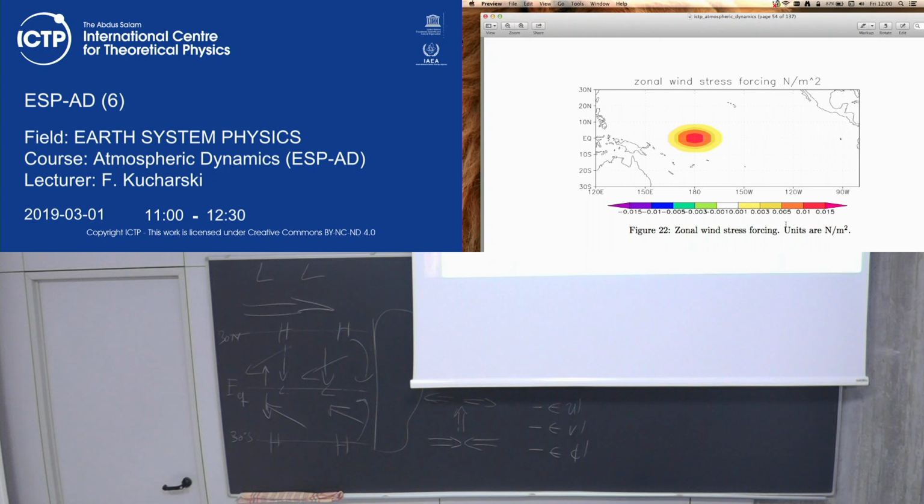I did two simulations, almost identical simulations. The only difference between the two simulations was that I added the positive zonal wind stress in the central Pacific. That should mimic the ENSO wind response. And then look what's happening in the ocean. It's interesting, no? So what will happen? Who knows?